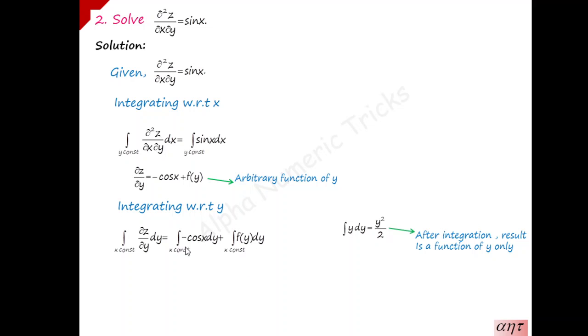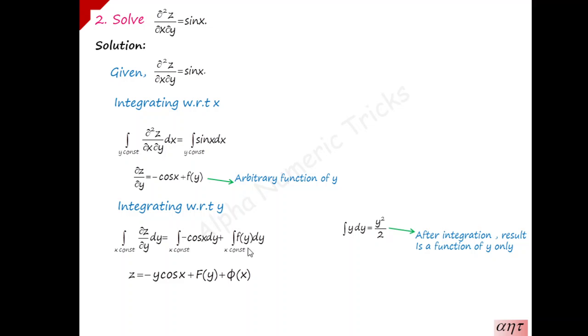Here and there we cannot say that. So integrating this, z is equal to minus cos x into integration of dy, which is y. So minus y cos x plus, in integration of f of y dy, because f of y is not known to us, but you know that when this term is integrated, you get a function of y alone.